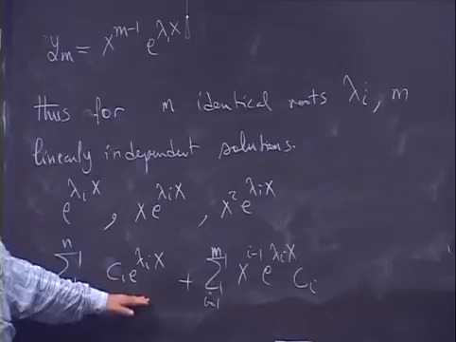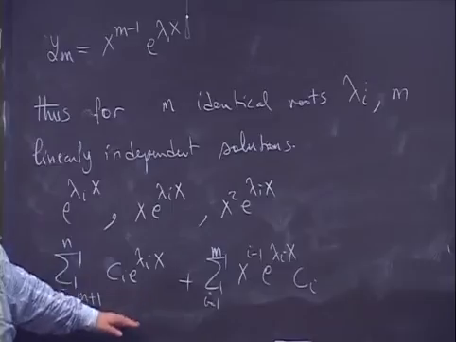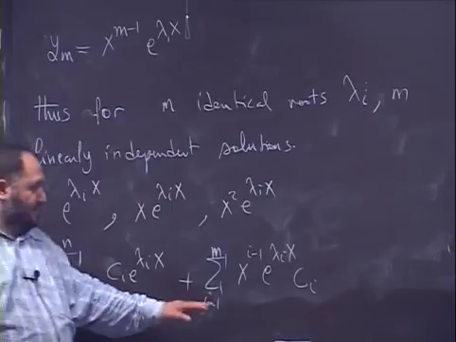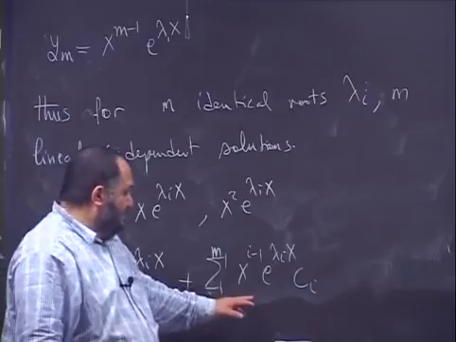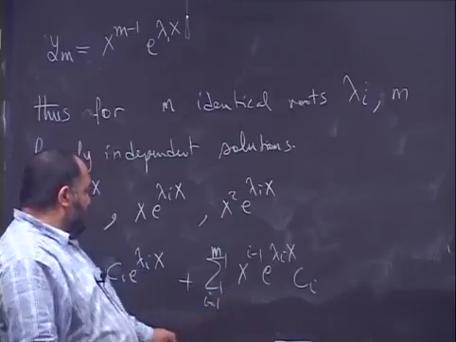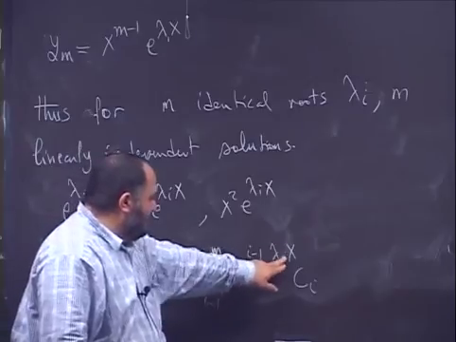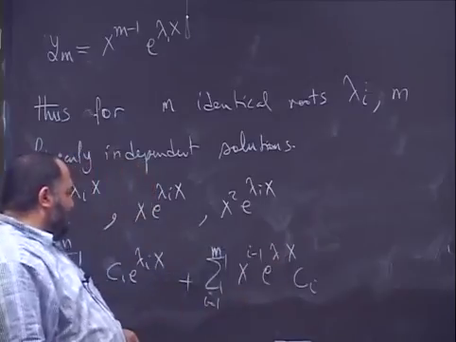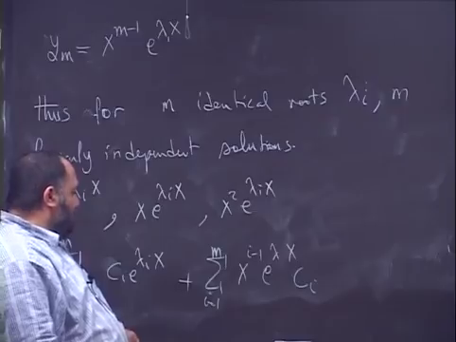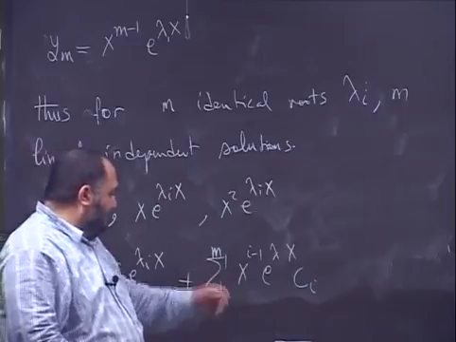Distinct roots. Okay? On that second term, for e to the lambda_i x, your lambda_i would change. They call it lambda because they are distinct roots. So we'll call it lambda if you have a distinct root.